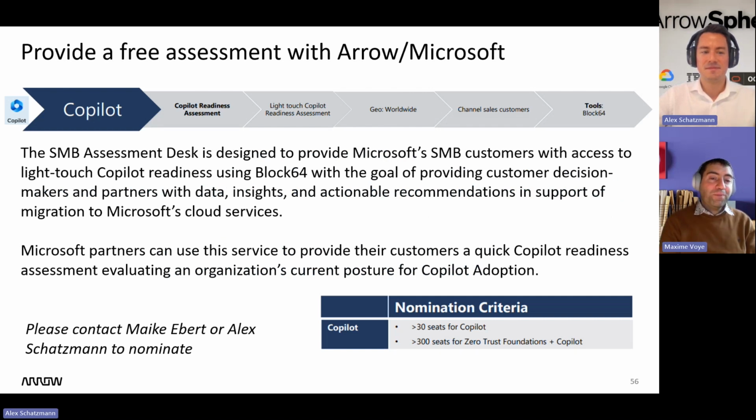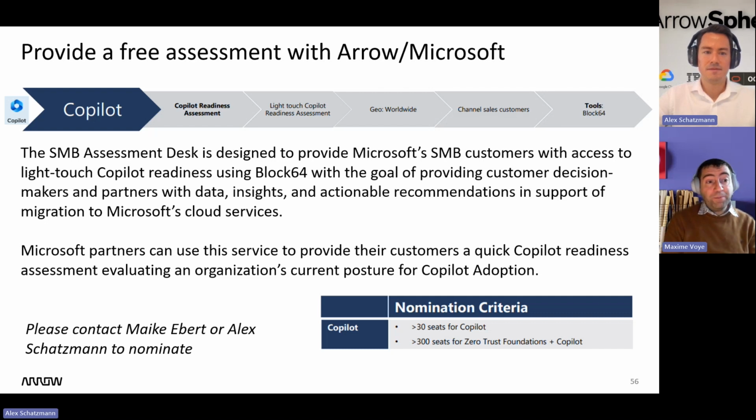To enable your end customer with Microsoft Copilot for Microsoft 365, Microsoft provides a free assessment, and with Arrow, we can nominate your end customer with your help. What is it?